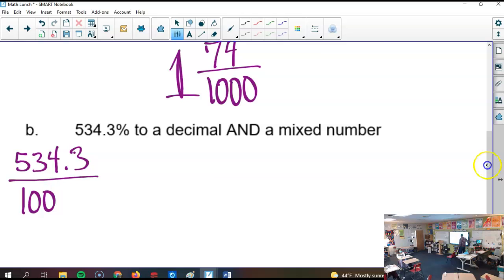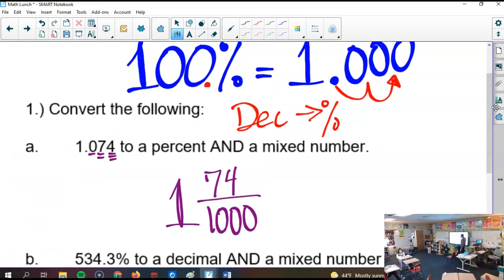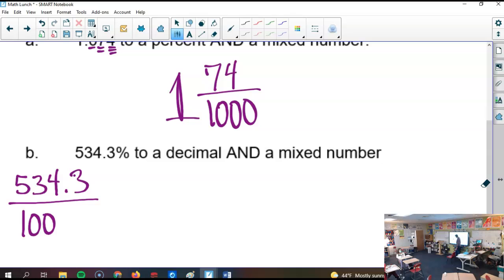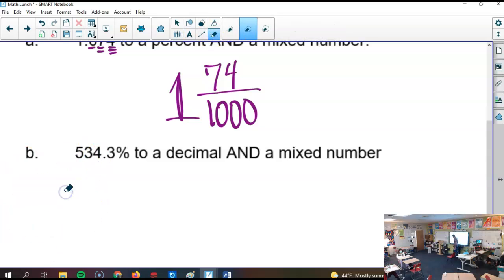Well, wait. If we could move the decimal 2 places to the right to turn into a percent, how could we turn out of a percent? Go the other way, 2 places to the left, right? If I have a percent number and I want to get to a decimal number, we can just move 2 places to the left.